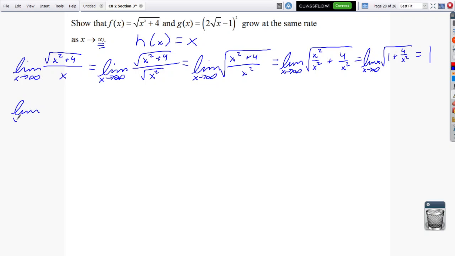Now, as long as g grows at the same rate as h, f and g grow at the same rate as well. So looking here, again, g has a sum involved while h does not have a sum involved. So I'm going to rewrite this as 2 square root of x minus 1 squared over x. Again, I get that choice. I always want to put anything that's more complicated in the numerator.